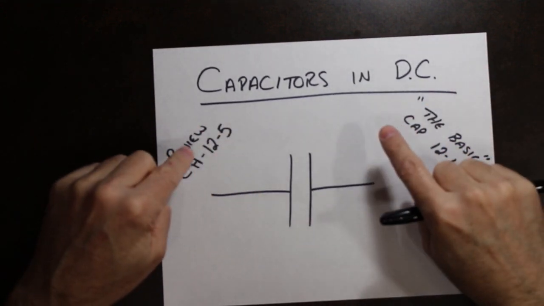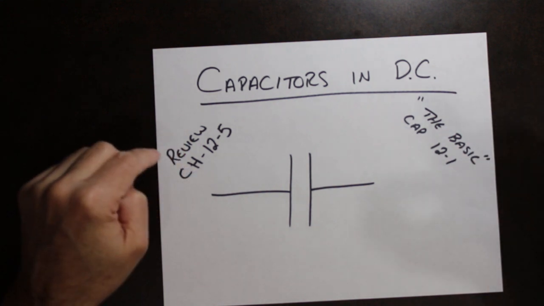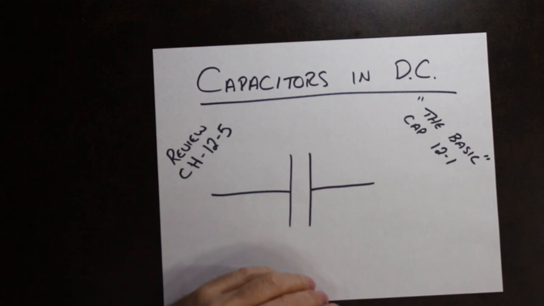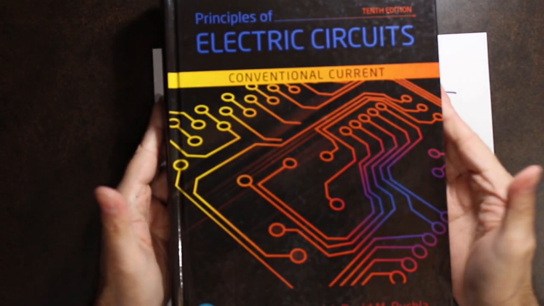So, capacitors in DC, the charging and the discharging, you can find that little bit of a review from chapter 12-5 of our textbook.